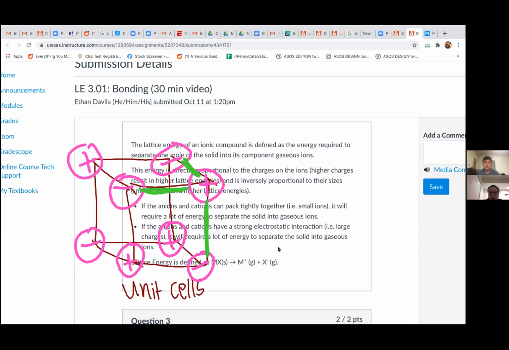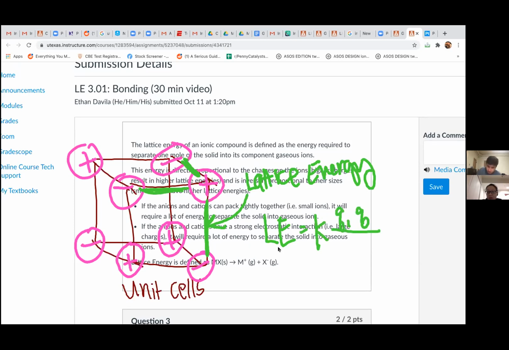That attraction is so strong that it has a special name, and it is called lattice energy. Lattice energy is dependent upon the charges of each of the ions over the radius squared. Q1, Q2 over R squared. They are the charges of the ions.